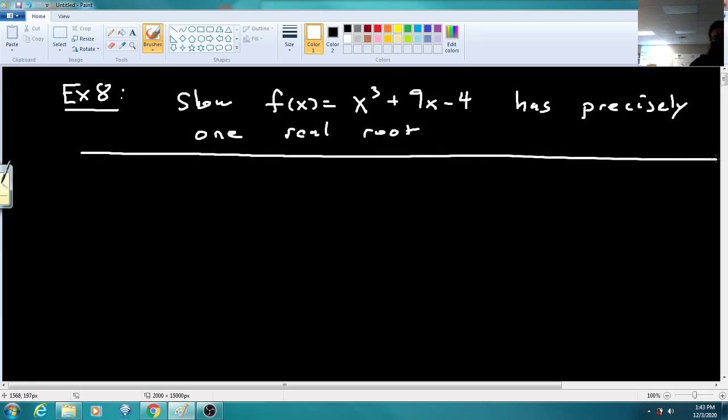Okay, so this is continuous, so we're going to use the intermediate value theorem first, and I'm going to say f of 0 is equal to -4.